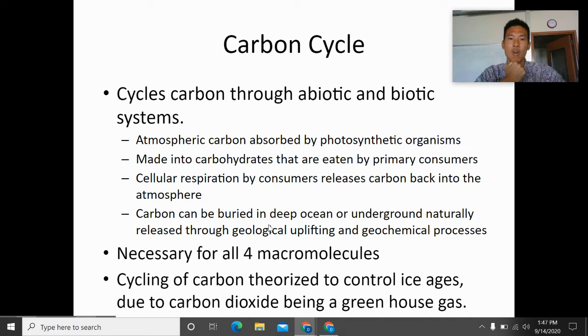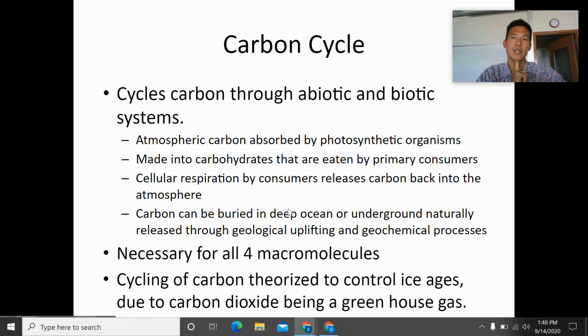So carbon cycles through the planet underground and into the air, the atmosphere, and this takes tens of thousands of years. That's why the implications of the carbon cycle is that it is theorized, well, it's usually accepted as fact, that it controls the ice ages.